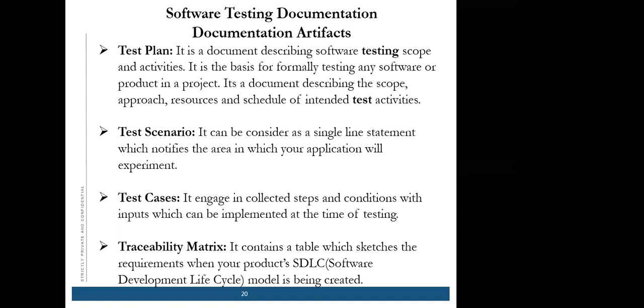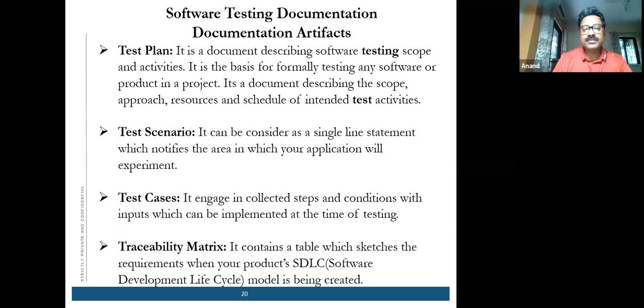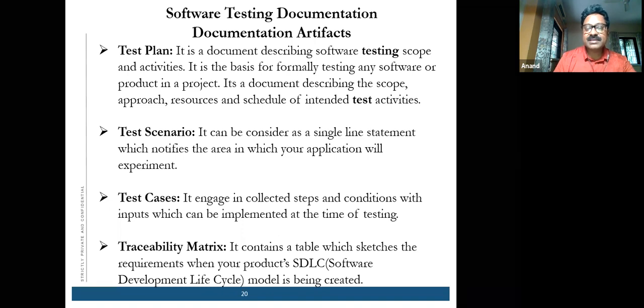Yeah. We have test scenarios and test cases, right? For any application, let's say we have written 100 test cases. How do we write the test cases? We write the test cases based on the requirements. And with the traceability matrix, we are covering to ensure whether we are covering all the requirements or not.